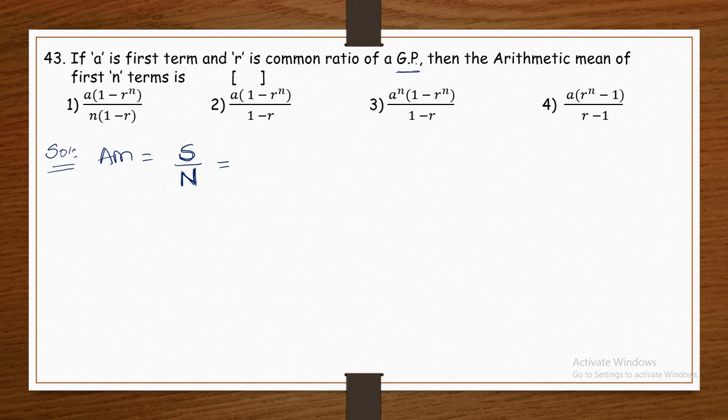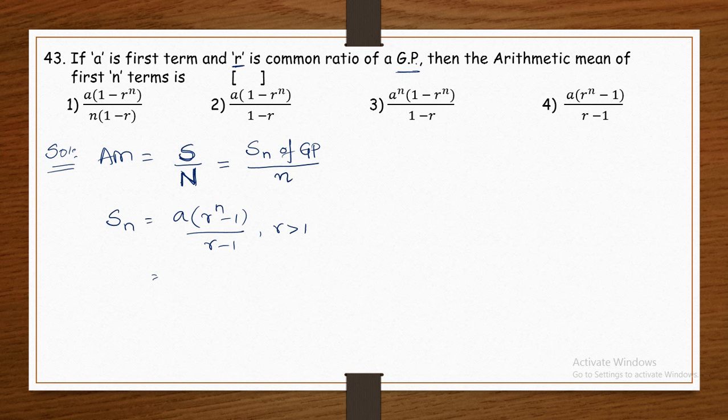Now what is the sum of observations? It is the sum of n terms of the geometric progression, divided by the number of observations, which is n. We already know the sum of n terms of a GP. Sn is given by A into (R power n minus 1) by (R minus 1), for R greater than 1.